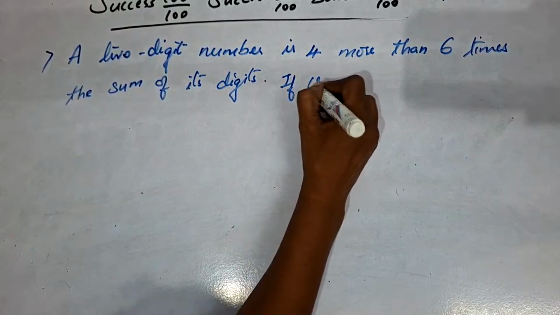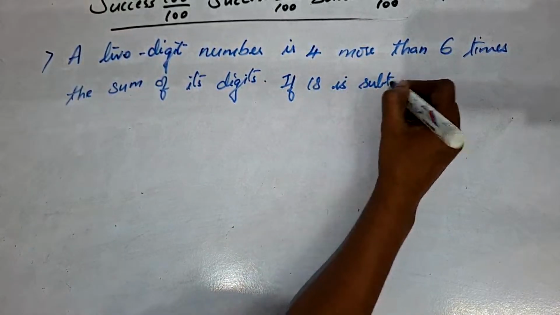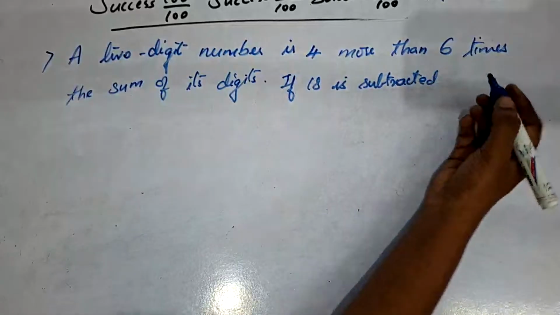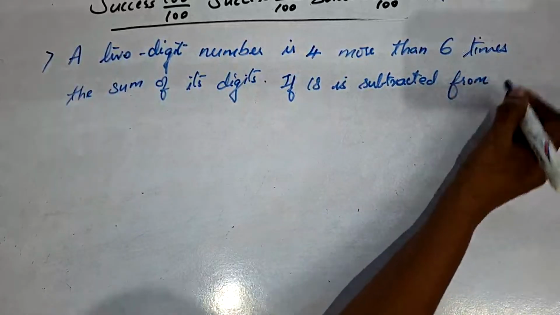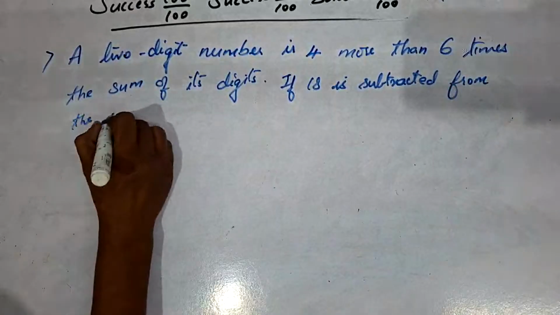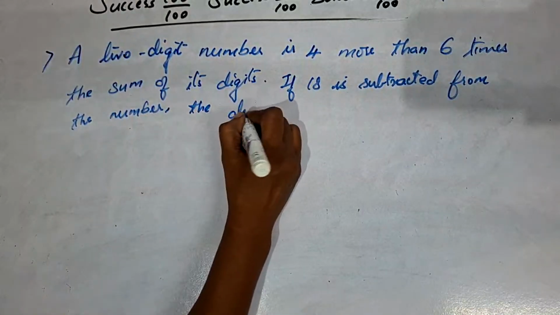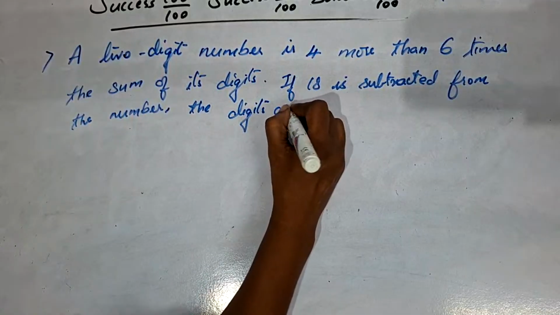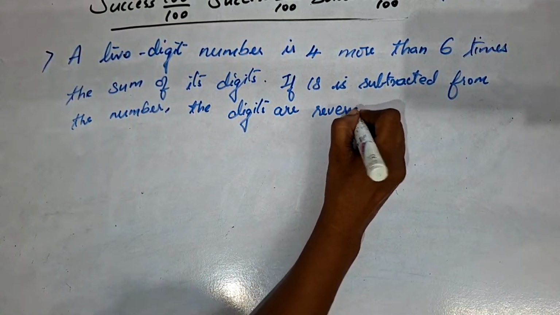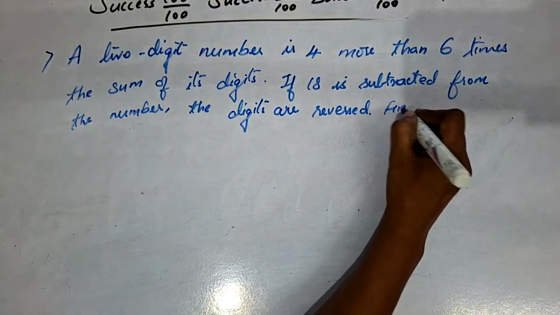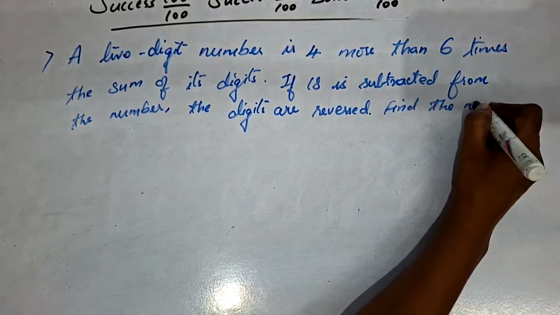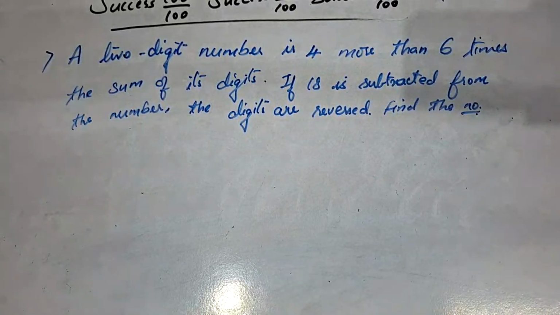If 18 is subtracted from the number, the digits are reversed. Find the number. So this is a very important question where you should do the concept, a very important question based on the concepts.